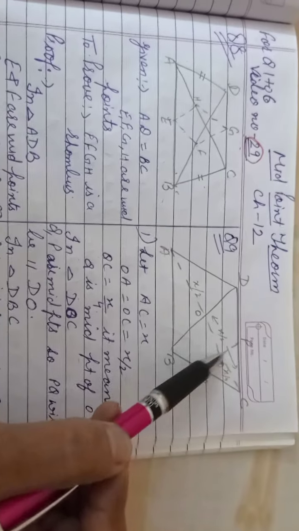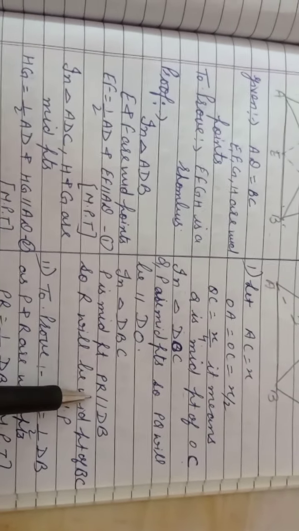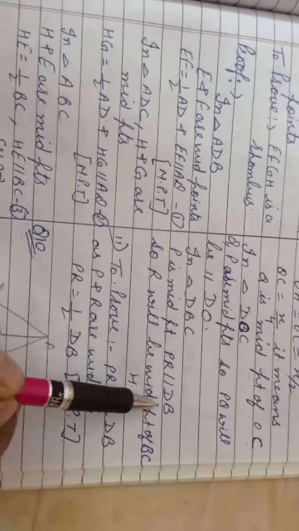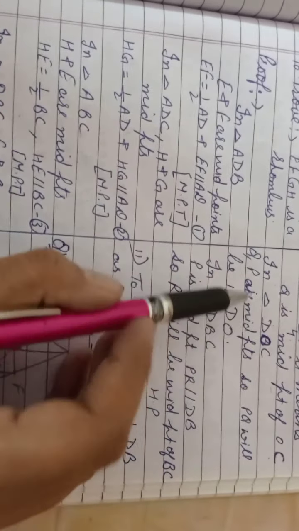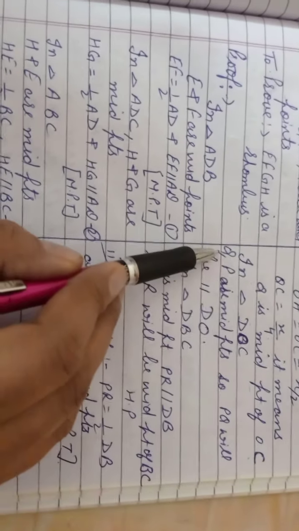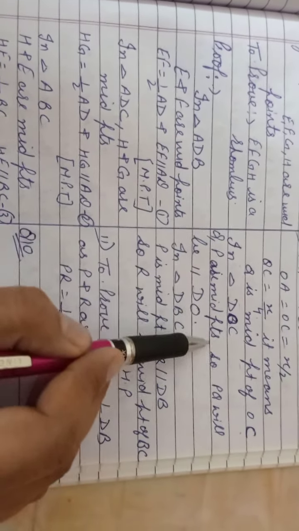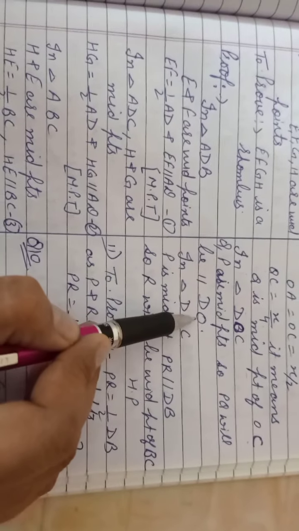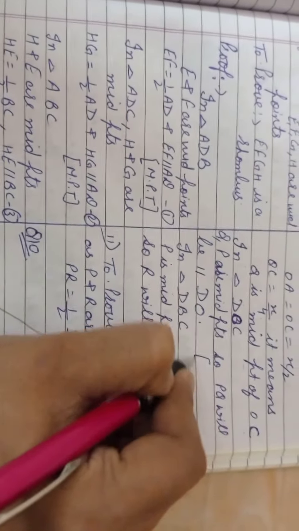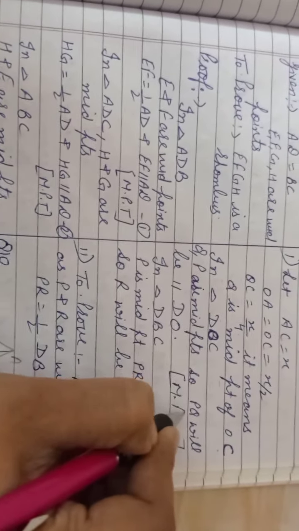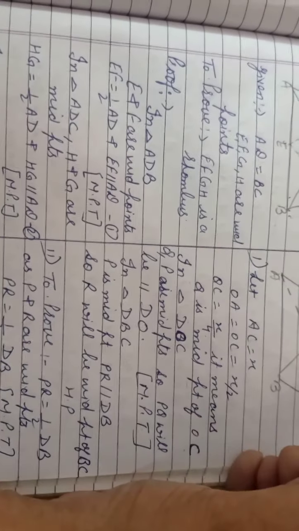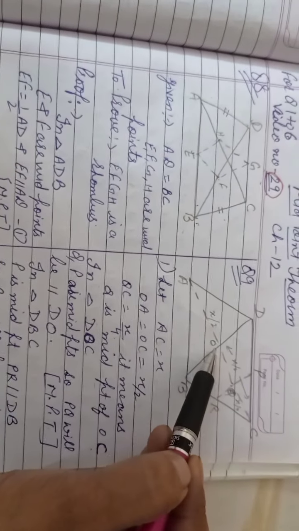It shows that PQ is parallel to DO. So in triangle DOC, Q and P are the midpoints, so PQ will be parallel to DO. What is the reason for this? Reason is MPT.